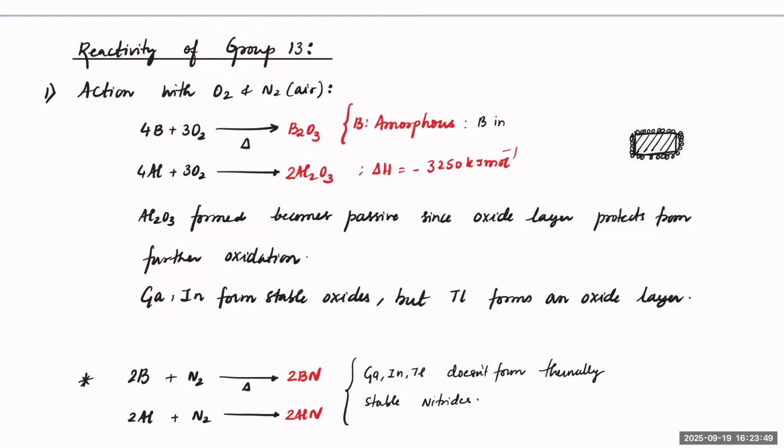So this Al2O3 will cover the entire surface of the aluminium. Now the next set of oxygen will not come in contact with aluminium. That's how it becomes passive. So overall, yes, a reaction happens, but after some time it immediately stops.